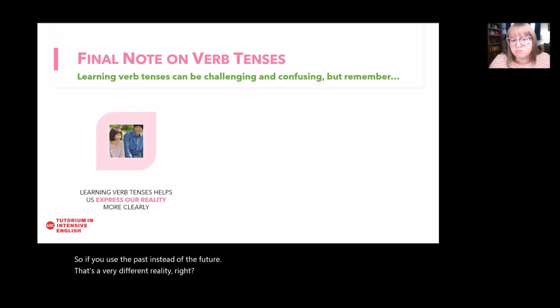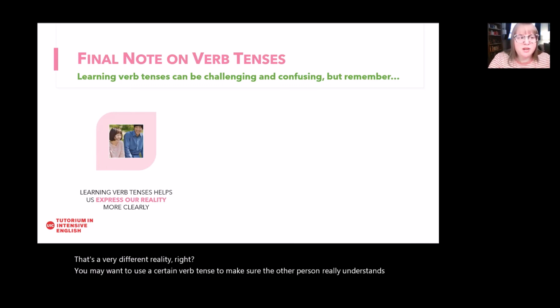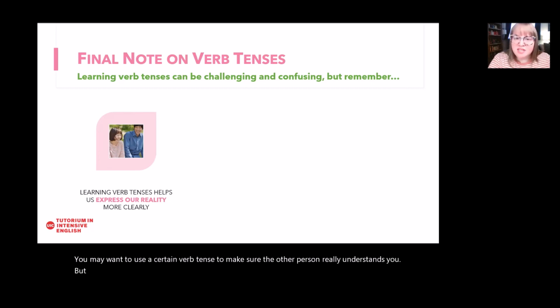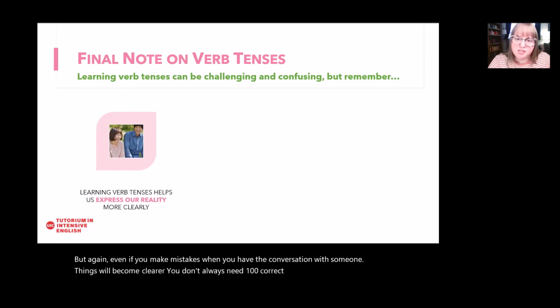So you may want to use a certain verb tense to make sure the other person really understands you. But again, even if you make mistakes, when you have the conversation with someone, things will become clearer. You don't always need 100% correct grammar to express your ideas.